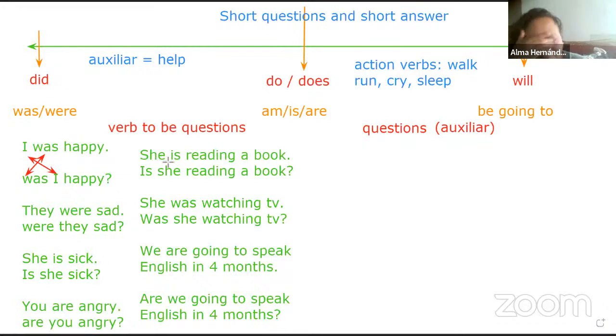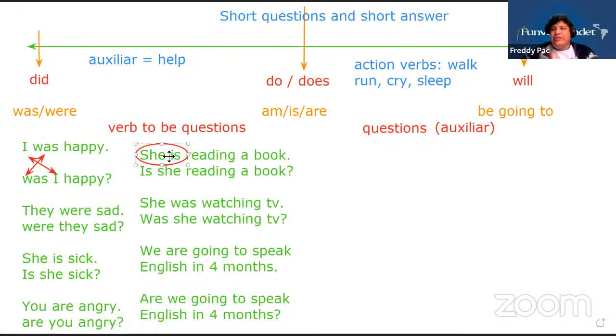You see, all of the sentences that have the verb to be, guys, whenever you see sentences with the verb to be, automatically your question has to be with the verb to be. Yes? That is the rule.